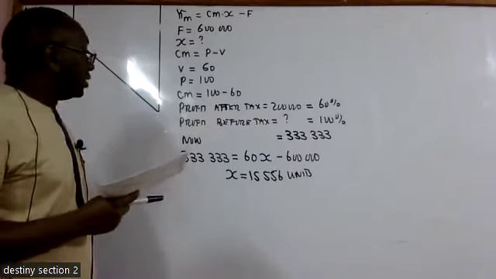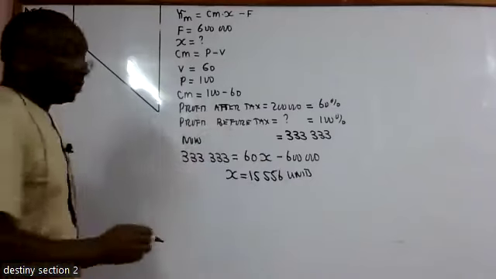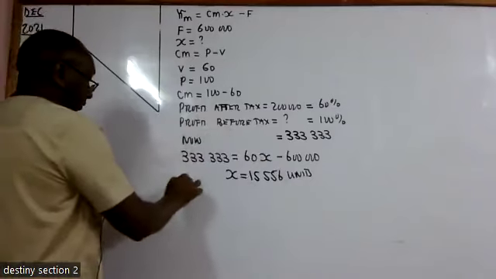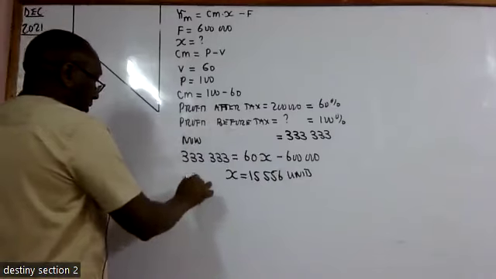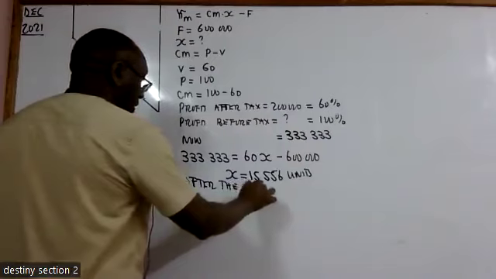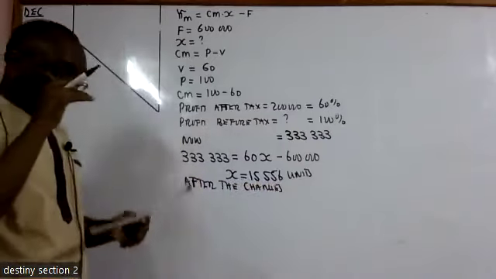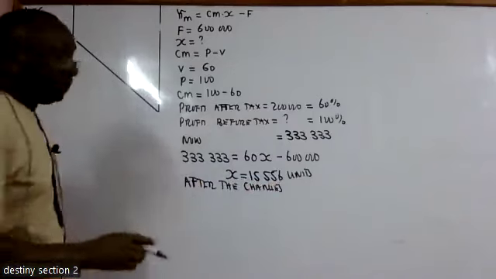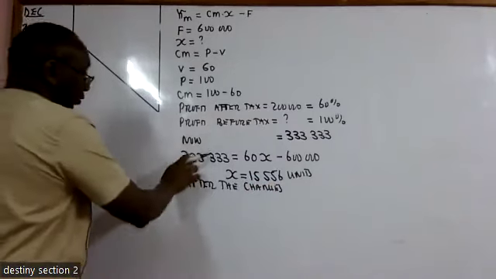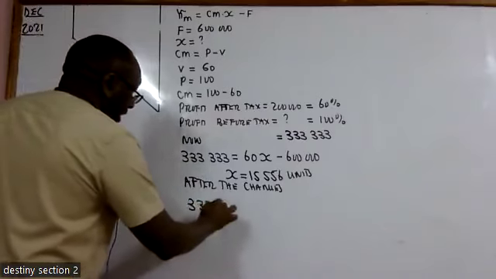So if you cannot change the price, after the changes we still need to make our profit of 200,000. So after we pay tax, we remain with this 333.